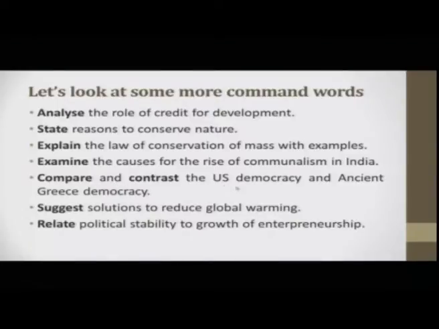Compare and contrast the US democracy and ancient Greece democracy. Suggest solutions to reduce global warming. Relate political stability to growth of entrepreneurship. The words in bold, as you can see, are command words. Let us very quickly look at what these mean.